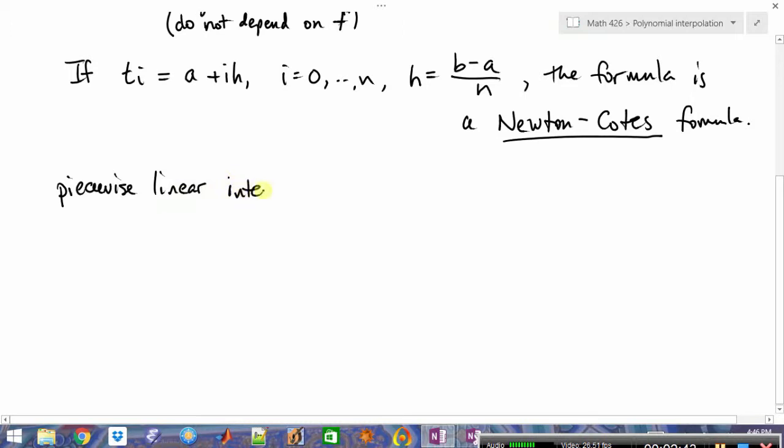So remember that we can write that interpolant as a linear combination of hat functions. Oops, this is t sub k.